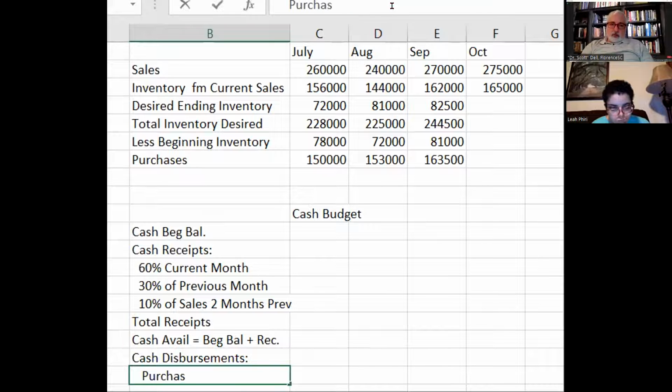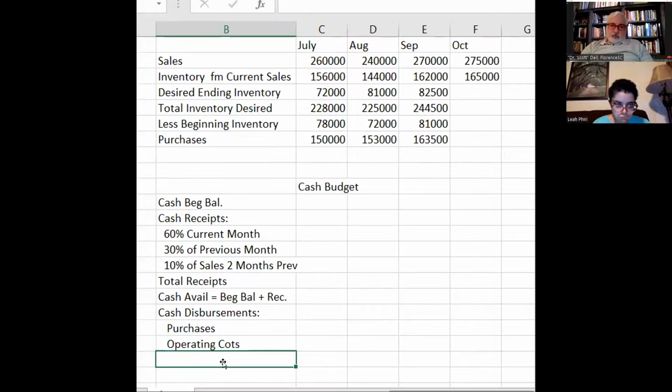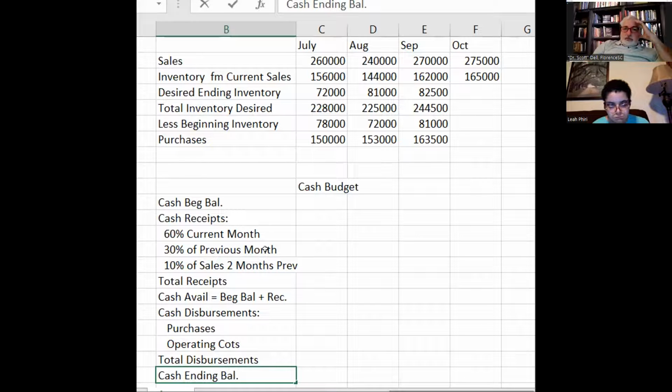We'll include our purchases, operating costs, all the disbursements, and cash balance ending. Does that make sense so far? Yes, sir. So the key is structuring it right and figuring out how these pieces fit together.